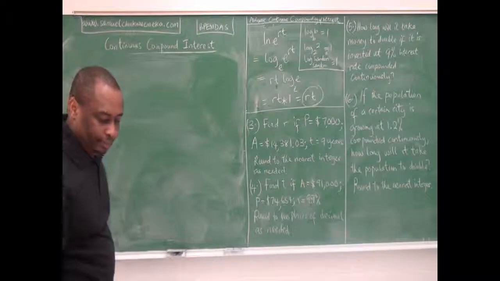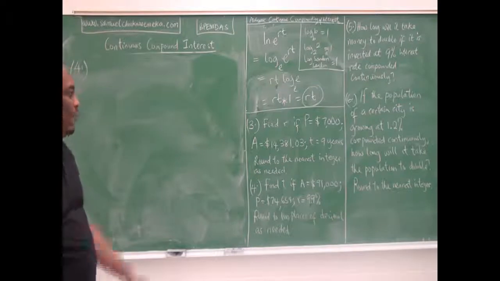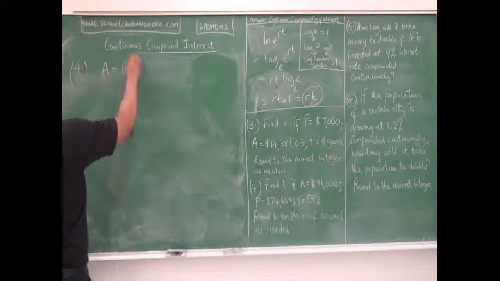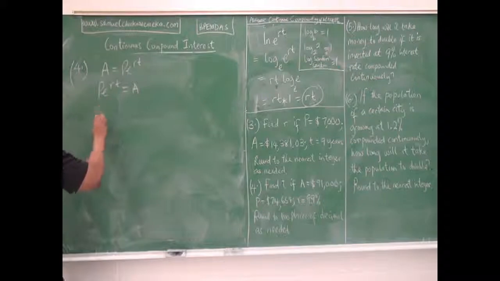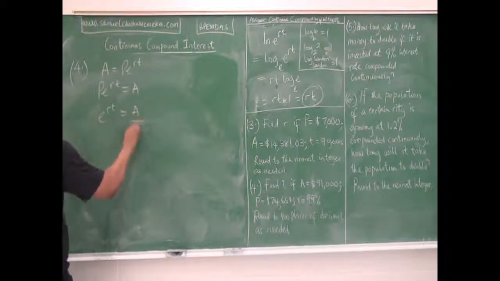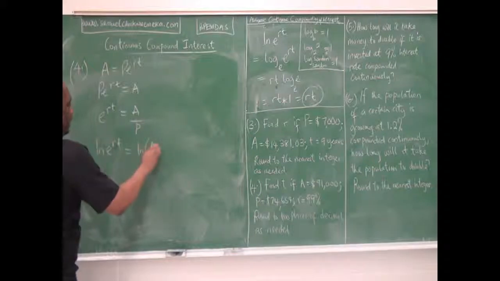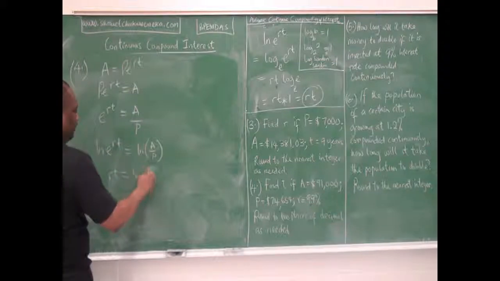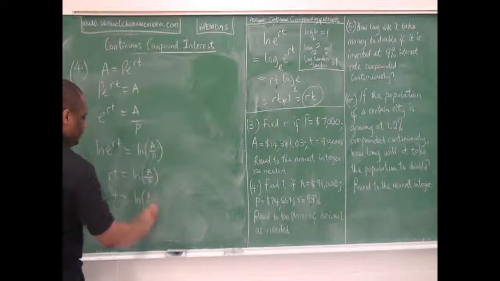All righty. Number 4. Now we're going to find T. A is equal to Pe^(rt), the same way Pe^(rt) equals A. So e^(rt) will be A over P. Then take the natural logarithm of both sides: ln e^(rt) is equal to ln of A over P. Then rt will be ln A over P. So t will be ln of A over P divided by r.